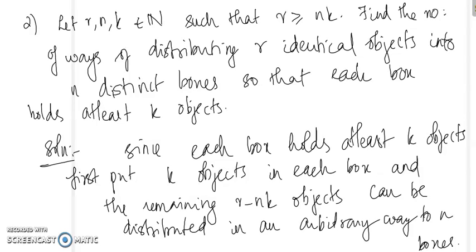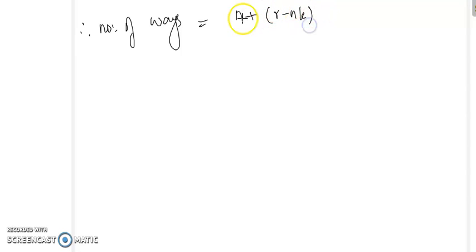So that will be equal to, so you have total n boxes and you need to distribute r minus nk objects. So therefore the number of ways will be n plus, so in place of r you have r minus nk, so that is of the form n plus r minus 1 c r. So you have n plus r minus nk minus 1 c r minus nk.